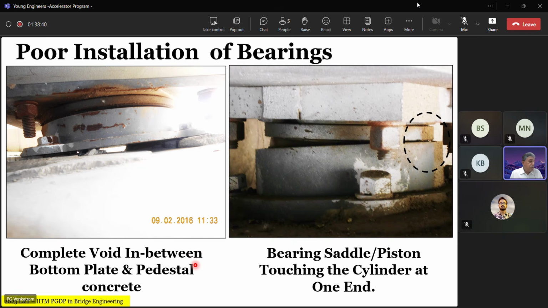You don't want to know who is the contractor who did this kind of work? Any curiosity? The largest contractor in the country. So what does that tell you?